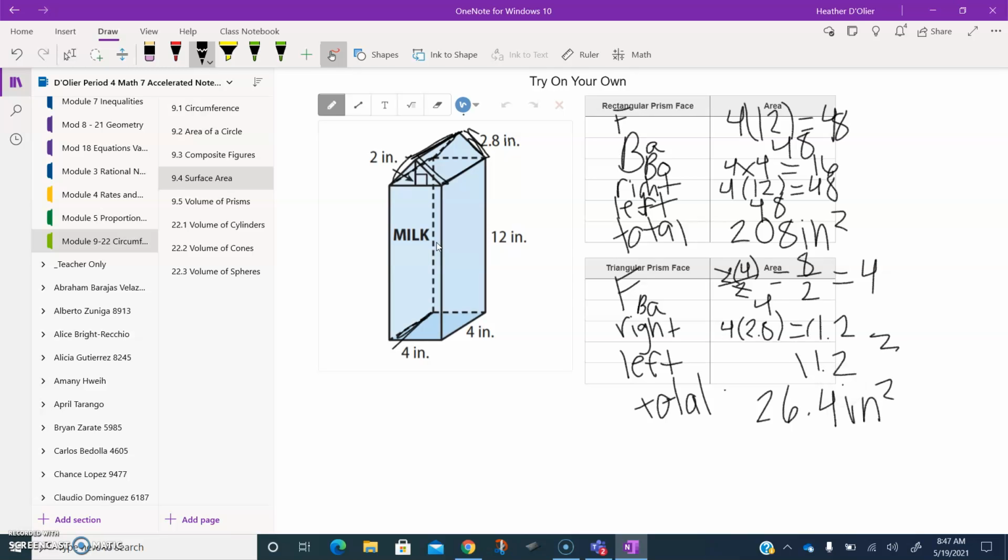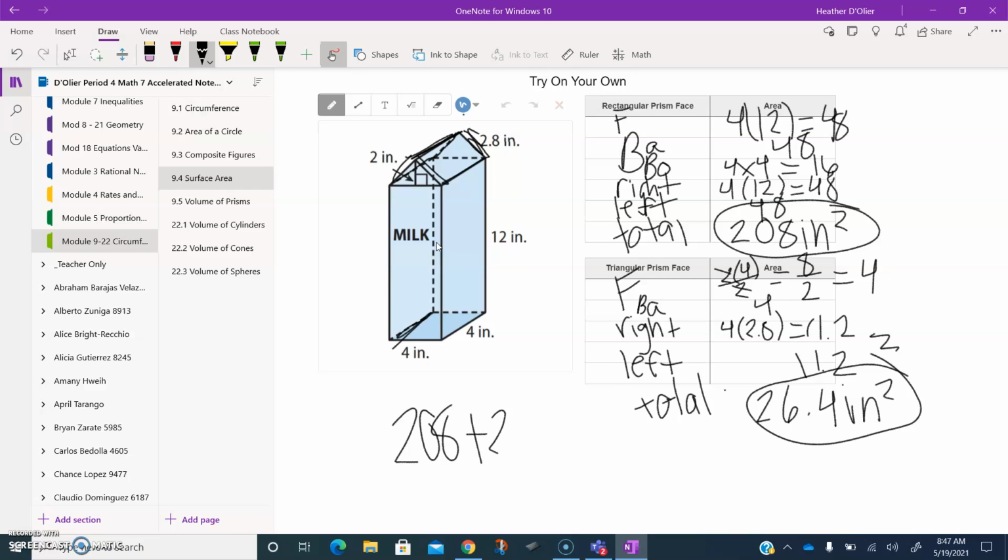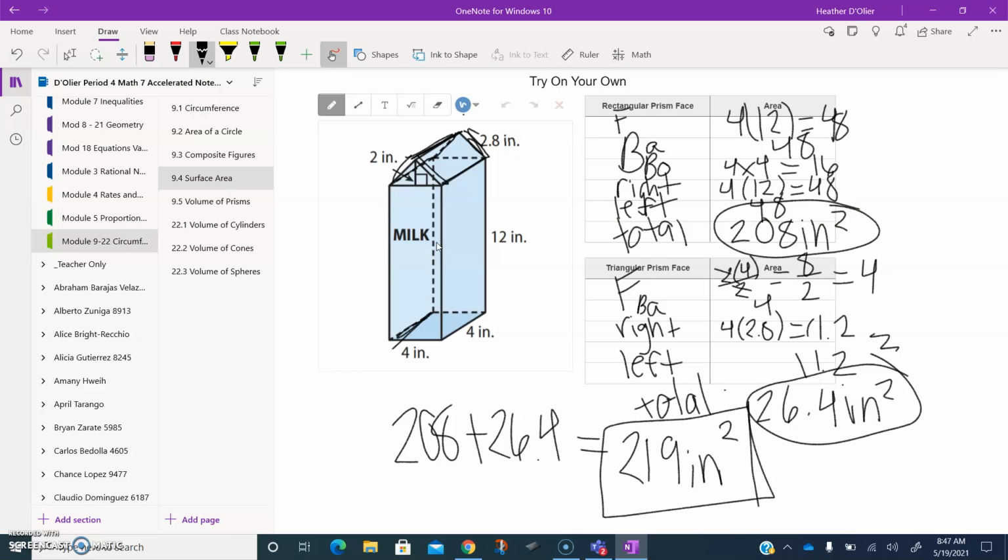The last thing I would have to do is combine them. Okay, so 208 plus 26.4. I still have the 26.4 in my calculator, so just adding the 208, that's 219 inches squared, and that would be your total surface area.